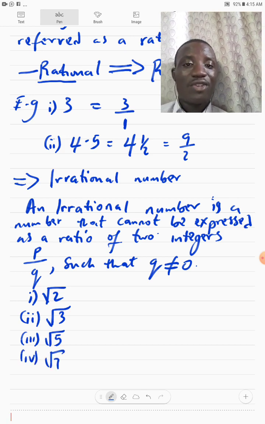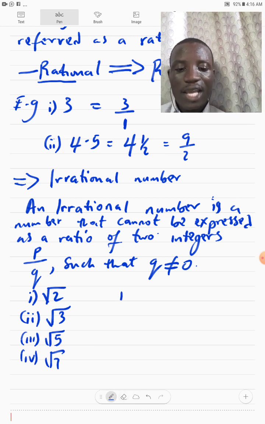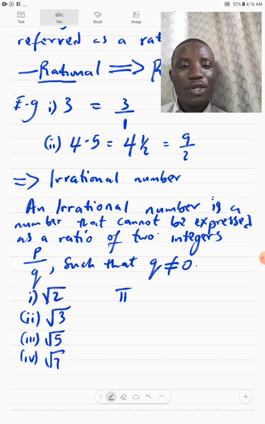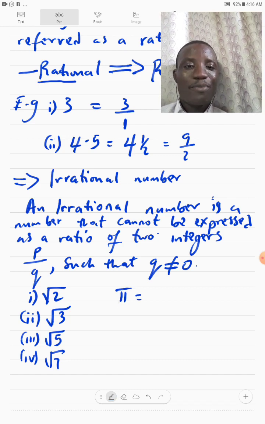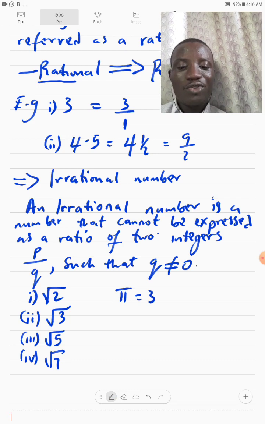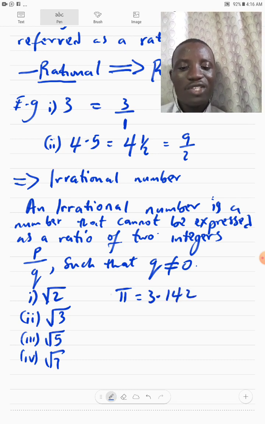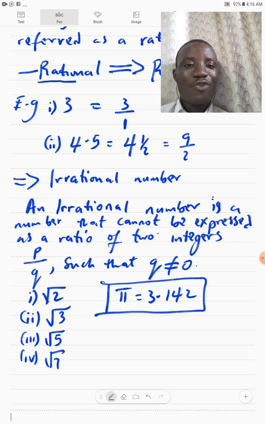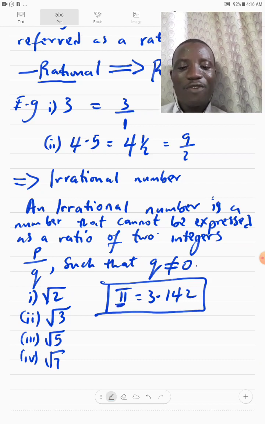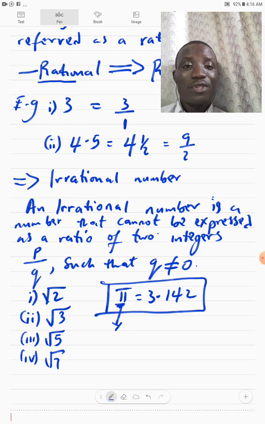These are irrational numbers. We also have some constants, like your pi. We usually use 3.142. This is just an estimated value of pi. It's not that pi is exactly 3.142. So pi in itself is also an irrational number.